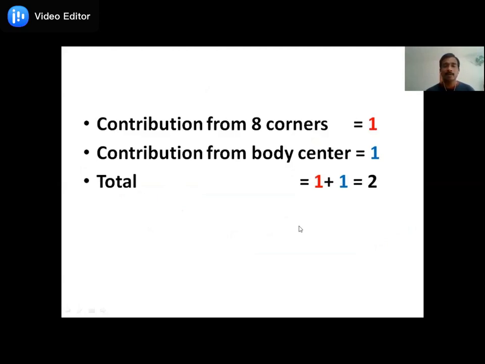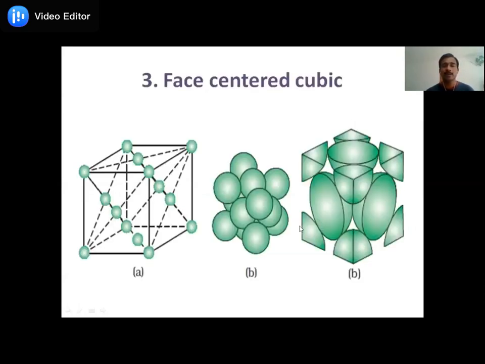Now the third one, face-centered cubic. In face-centered cubic, particles are present at the corners, so total contribution from the corner 1. But here at the face center, you can see it is exactly half of a sphere, isn't it?